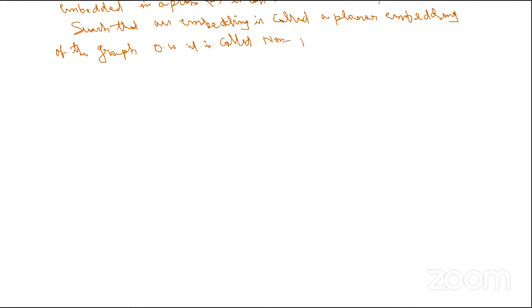OW means otherwise. Non-planar graphs. Examples.